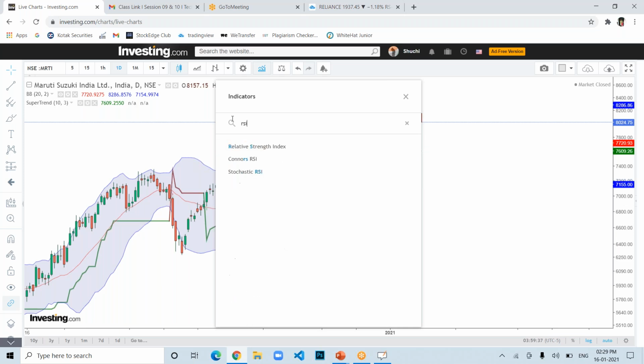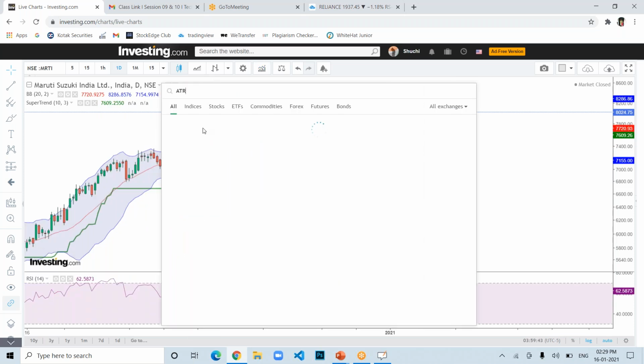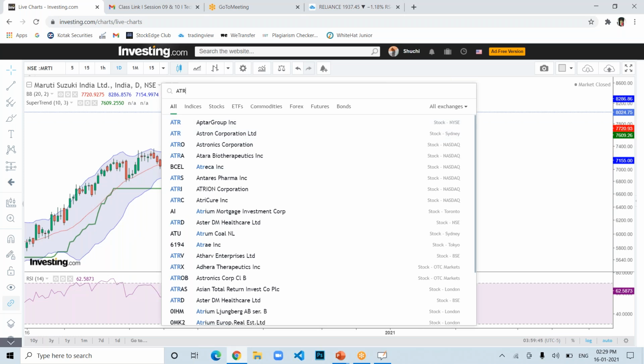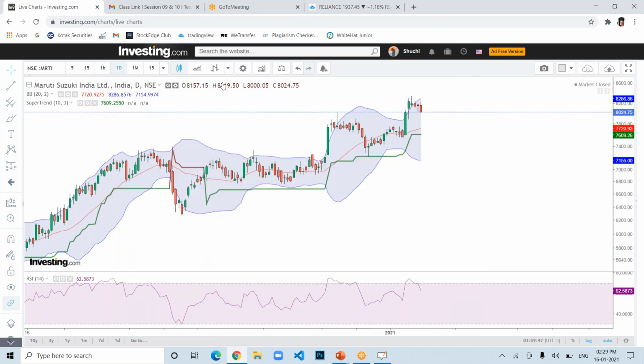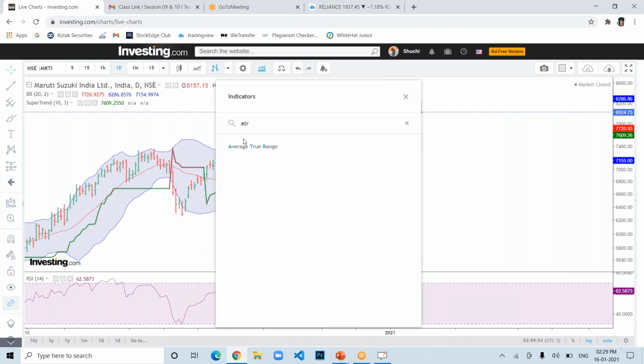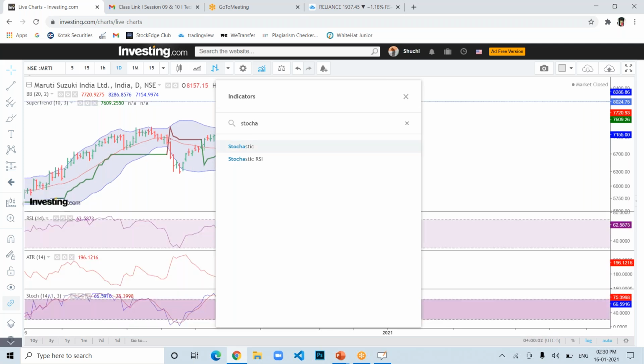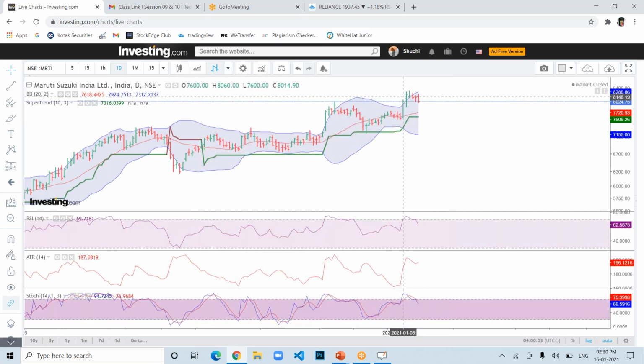Okay. I will plot RSI. I will plot ATR. Sorry. I will plot ATR. Okay. I will plot stochastic. So these are the 5 indicators which I'm going to plot.